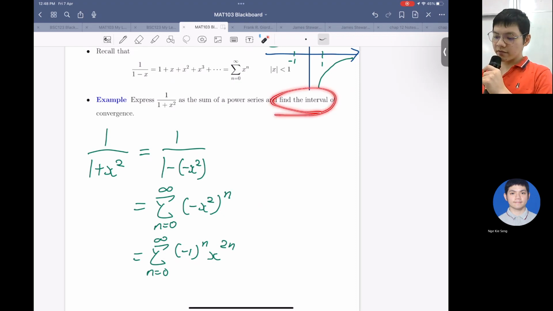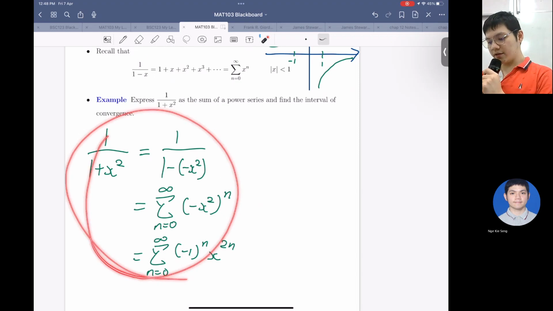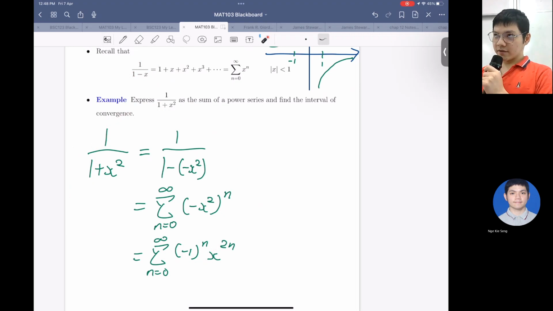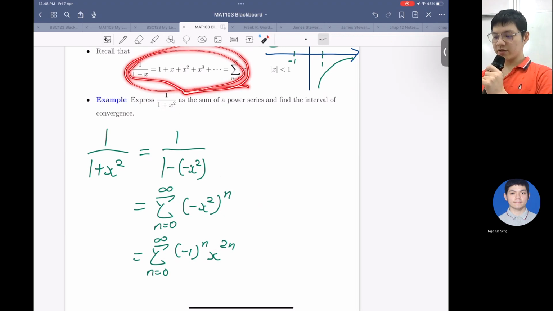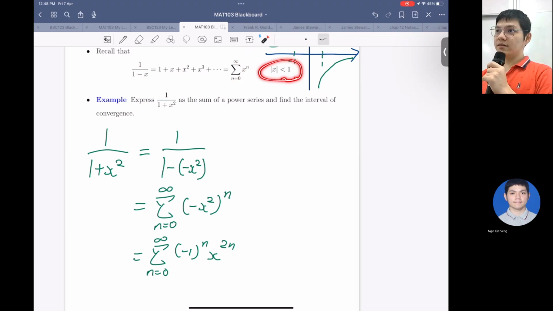So what's next? When does this converge? Since you are using the power series of 1 over 1 minus x, it is bounded by the condition here. So when does this converge? When the absolute value of x is less than 1.